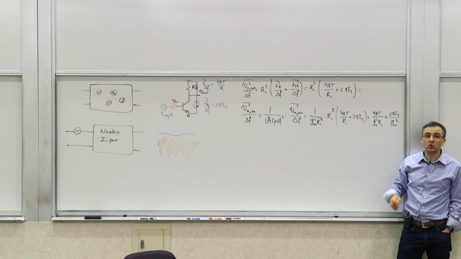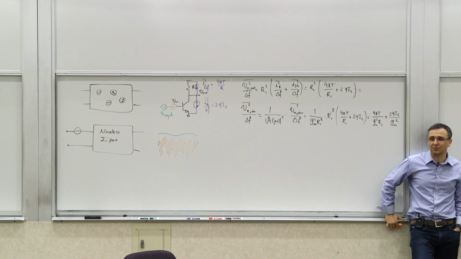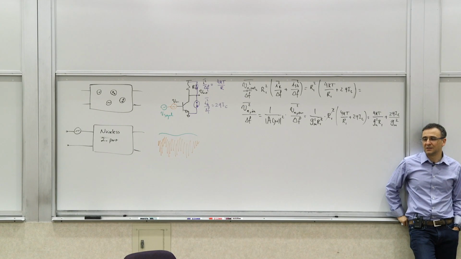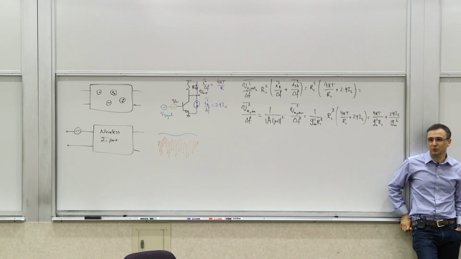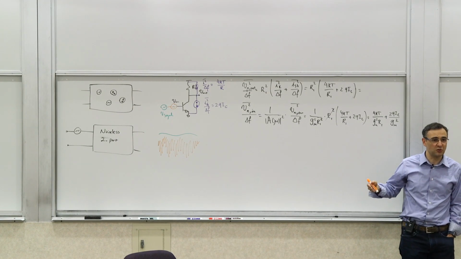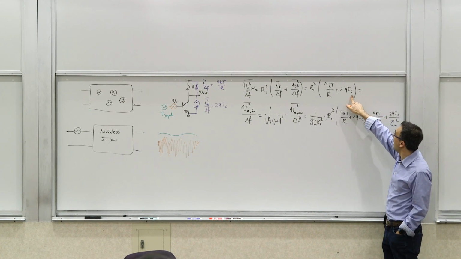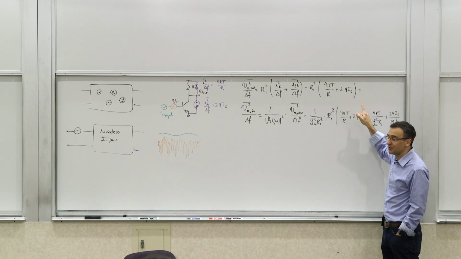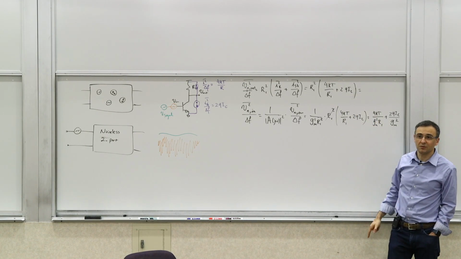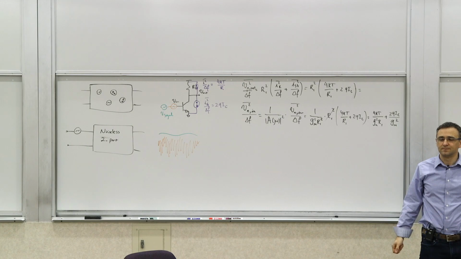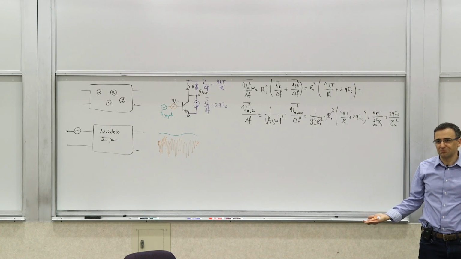And your input noise is going down as you increase IC. So which one is important, the input noise or output noise? Should we increase the collector current or reduce it? Because you see, the output noise is going up if I increase IC, and your input noise is going down because GM is IC over VT, right? So what should I do?